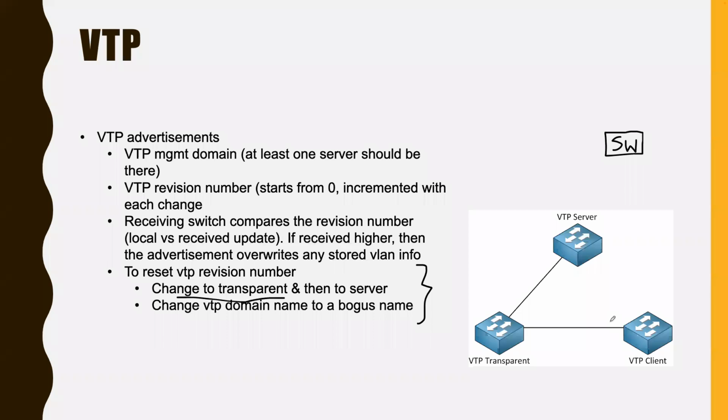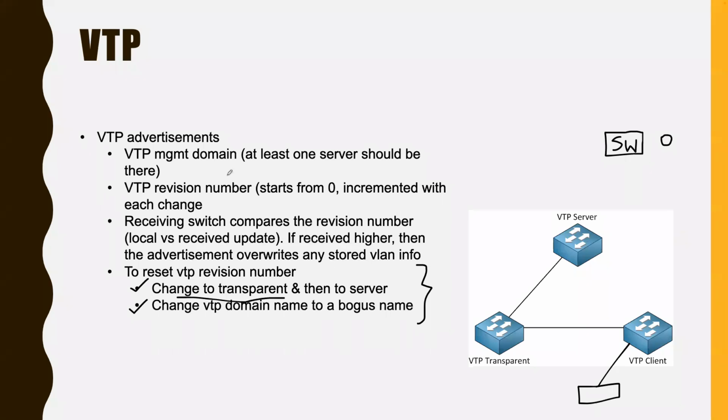If we want to connect it in access or VTP client mode, then definitely it will not create any problem, because on the client we cannot create or add any VLAN. Just to reset the VTP revision number to 0, we can do one of these things: either change the mode to transparent and bring it back, or change the VTP domain name to a bogus name. Okay, clear.